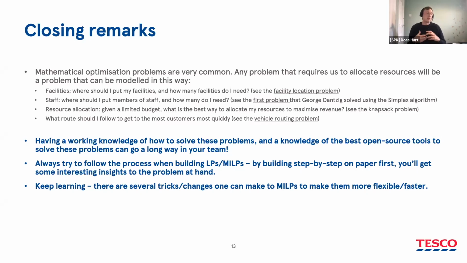For me, there are so many problems that can be solved in this way if you just try and keep your mind as flexible as possible in terms of introducing these integer decision variables, for example, which basically means that you can solve so many different things. But that's all I'm going to say today.